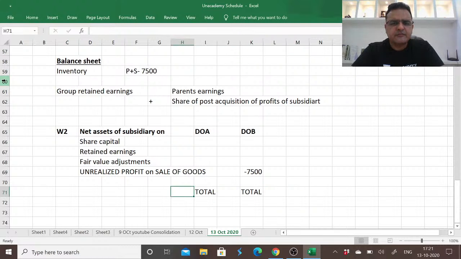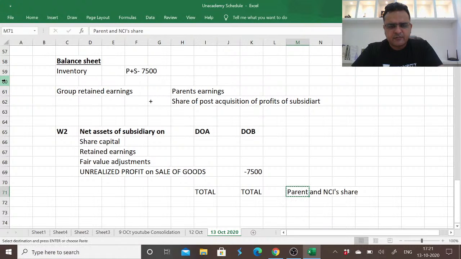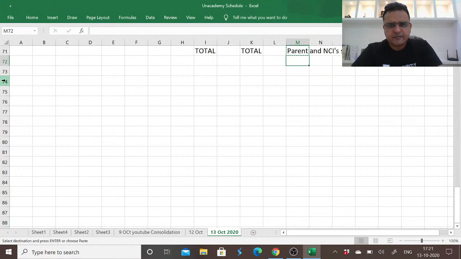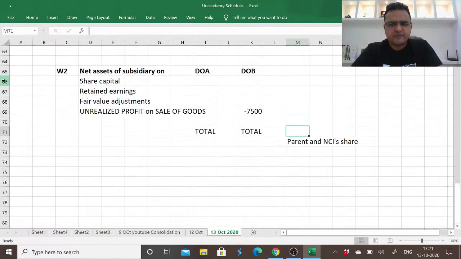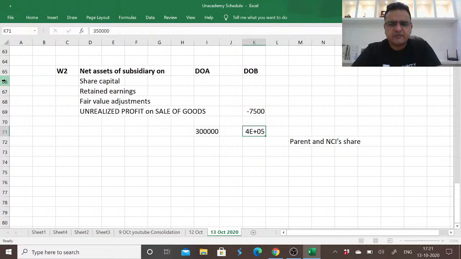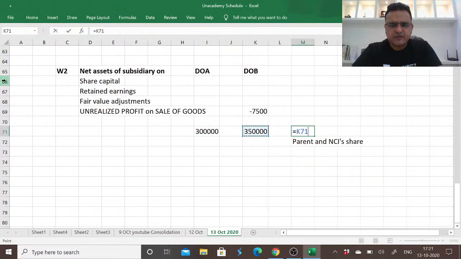The difference between them will be divided between parent and NCI share. The difference will be considered as post-acquisition profits. Suppose this total is 3 lakh and this is 3,50,000. Post-acquisition profit will be 350 minus 300, which will be considered post-acquisition profit from subsidiary, in which parent and NCI have a share.